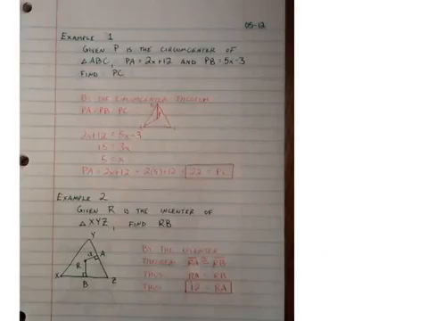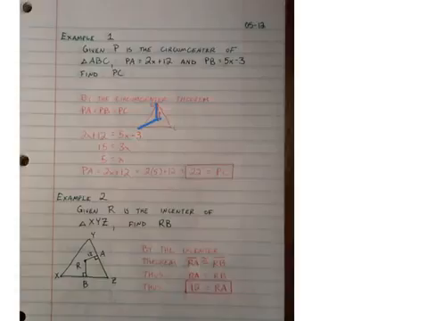On page 5-12, I have included two examples. The first one uses the Circumcenter Theorem. We're given that point P is the circumcenter of the triangle ABC, and that PA is 2x plus 12 and PB is 5x minus 3.